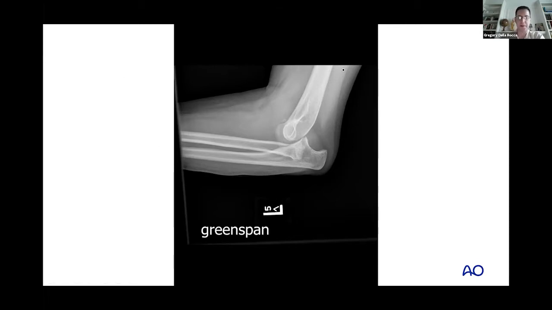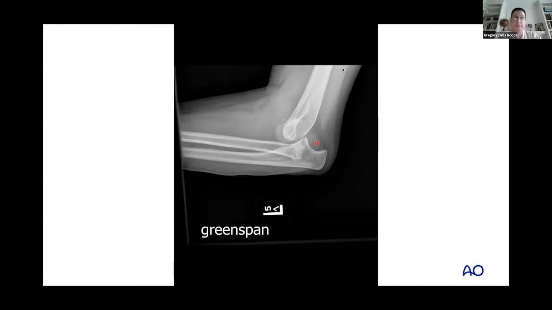Let me try to do a spotlight here so you can see an empty greater sigmoid notch here, which is pretty obvious, right? So the ulna is dislocated posteriorly, and this is where we start off.